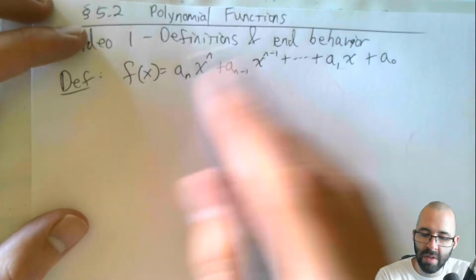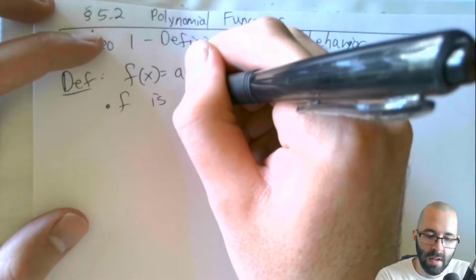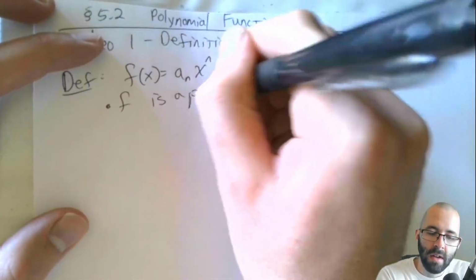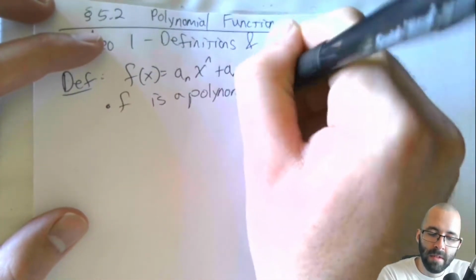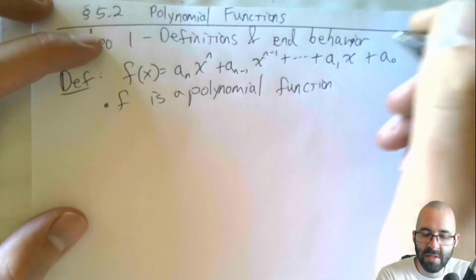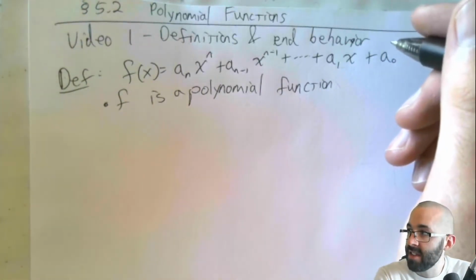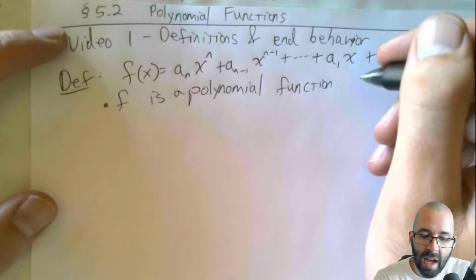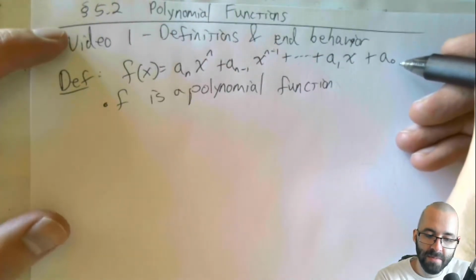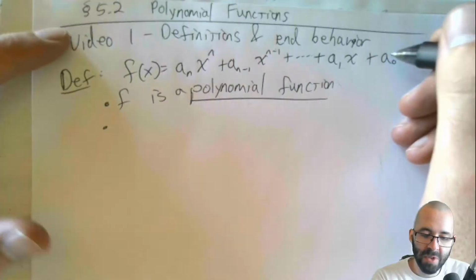This is a polynomial function, okay? And again, there's a bunch of examples of this, and we've dealt with polynomial functions a lot. You yourself have seen a lot of polynomial functions, even if we haven't labeled it like this. So this is the precise definition.